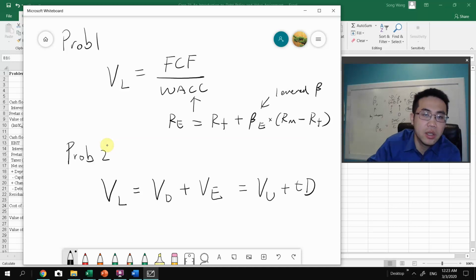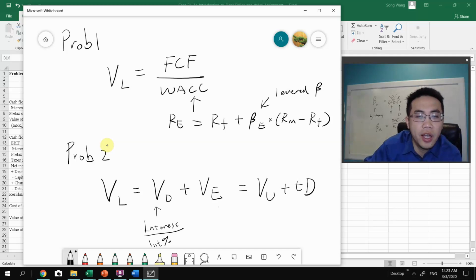Okay, so how do we get the value of debt? Well, still we're going to use the perpetuity analysis. If the value of a levered company depends on the free cash flow generated by the company divided by the weighted average cost of capital, then the value of debt should depend on the interest expense in dollar figure divided by the interest rate.